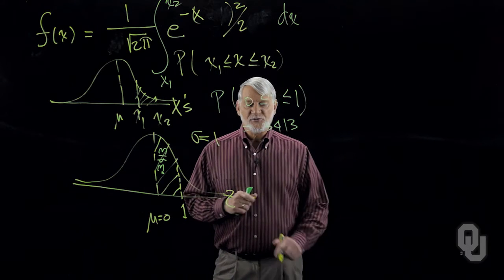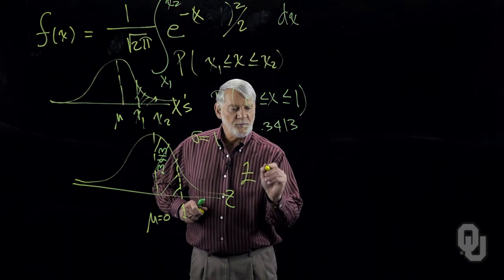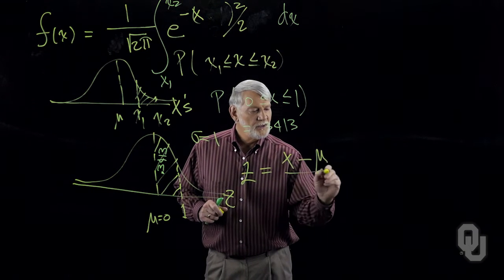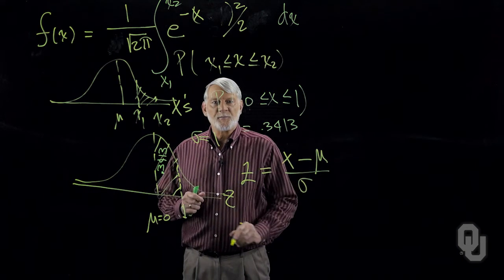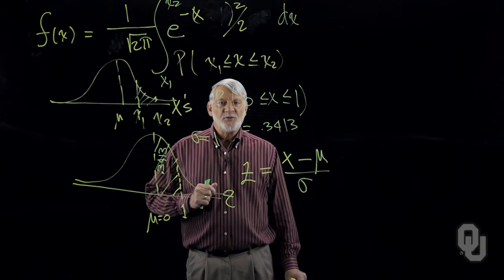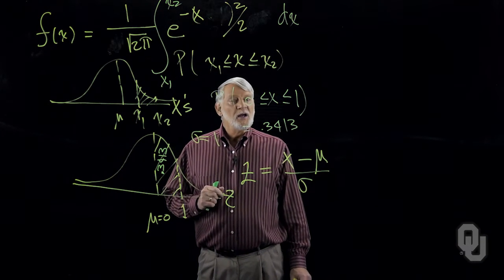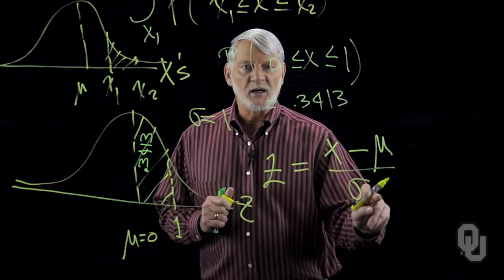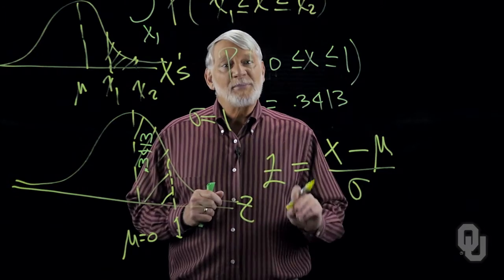The standardizing formula is z equals x minus mu, divided by sigma. Okay? What this allows us to do is to count the number of standard deviations. Note, we are using mu and sigma, which denote population parameters.